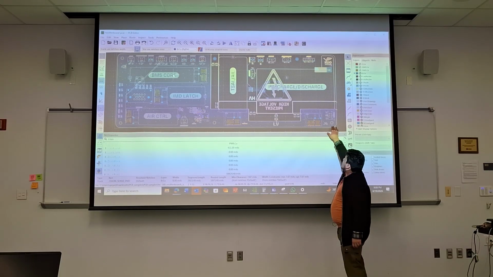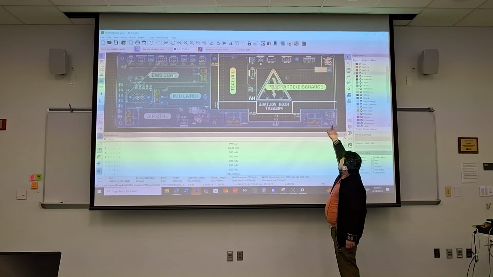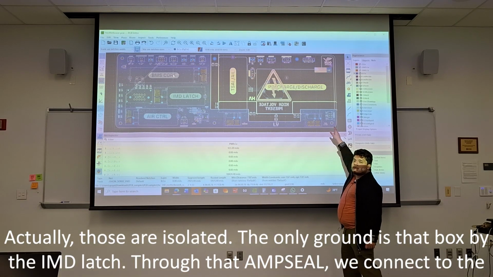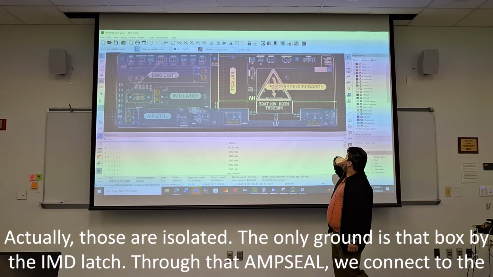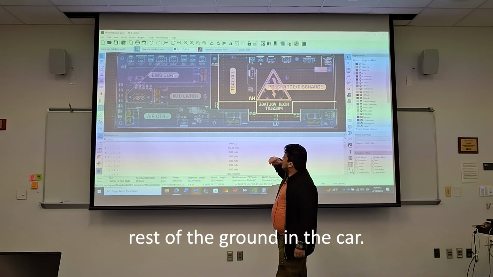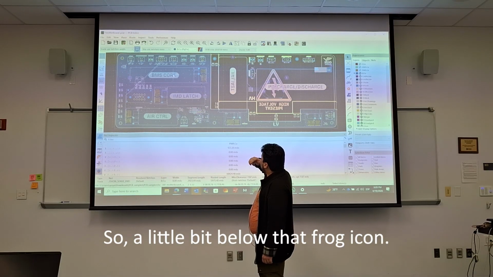Because I see these grounds. Is this battery ground or is this chassis ground? Those are actually isolated. The only ground is that box by the IMD latch. Through that amp seal, we connect to the rest of the ground of the car. So a little bit below the little frog icon. Yeah.